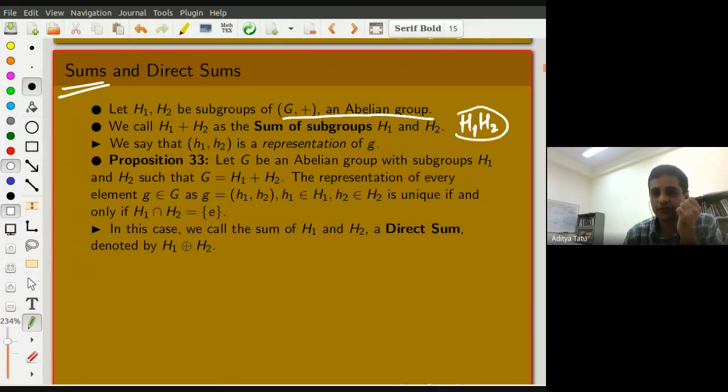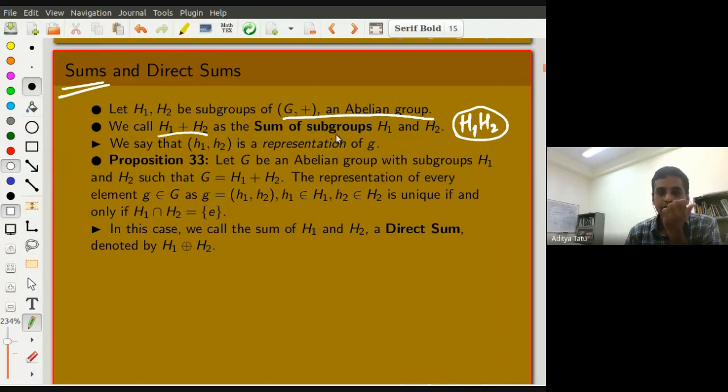That is the more familiar notation. Just because the group is abelian and we decided to write the operation as plus, this H1 H2 will typically be represented as H1 plus H2. This is what is called the sum of subgroups. Since H1 and H2 are subgroups of an abelian group, they would be normal subgroups, and therefore H1 plus H2 will also be a subgroup of G.